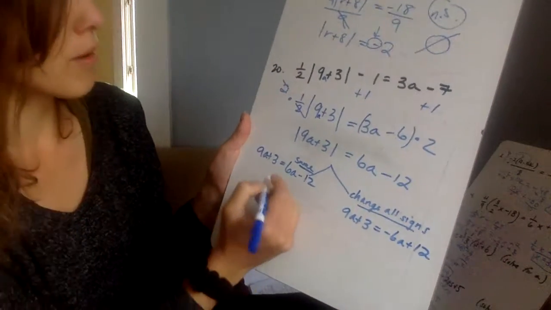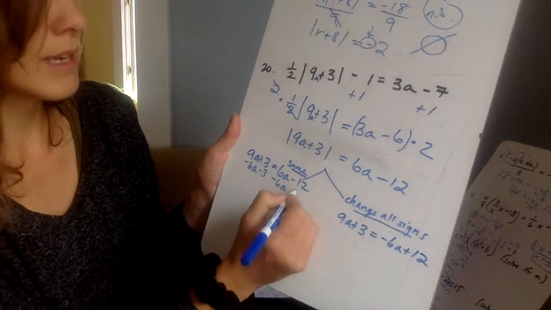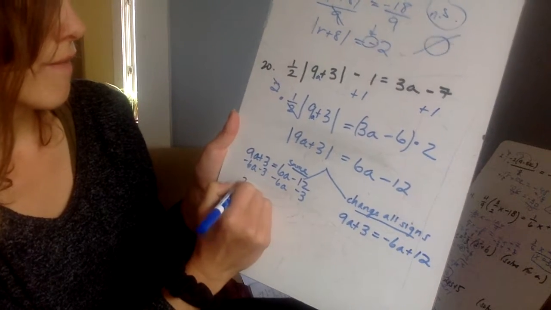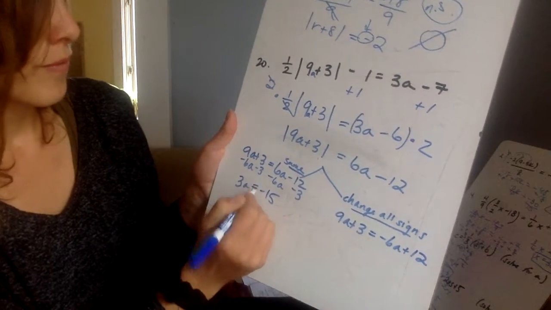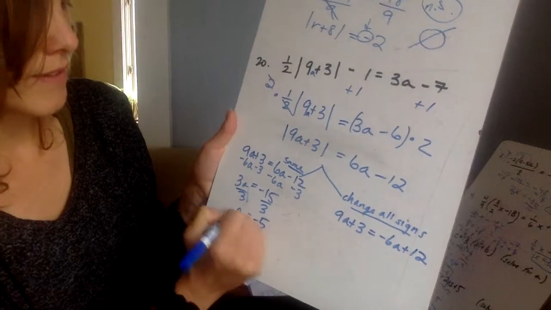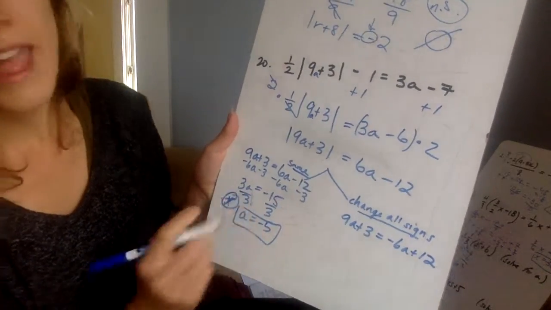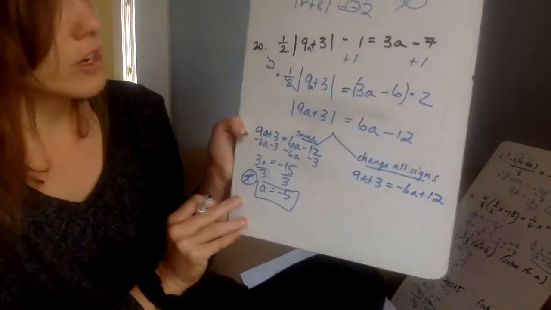And now I solve for both. Minus 6a, minus 6a, minus 3, minus 3, and I have 3a equals minus 15. Divide by 3, divide by 3. A equals minus 5. And this is different than the answer key. The answer key says positive 5, which is incorrect.